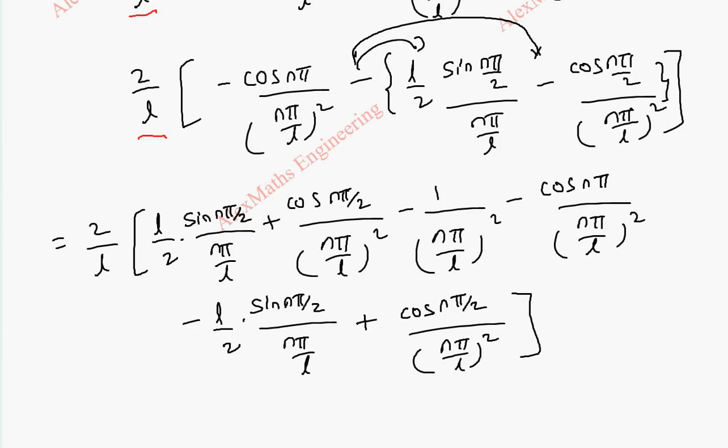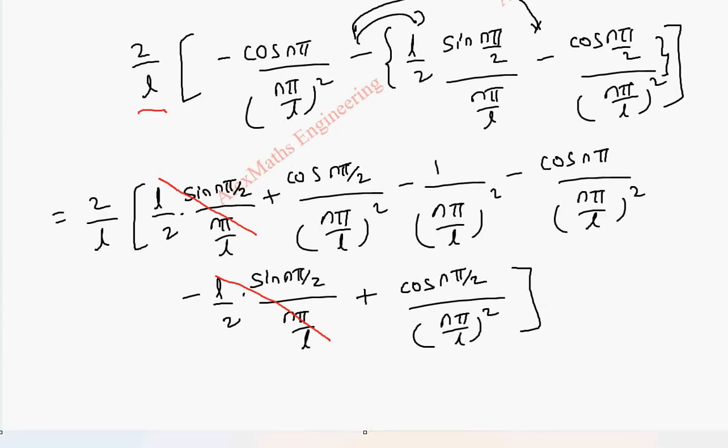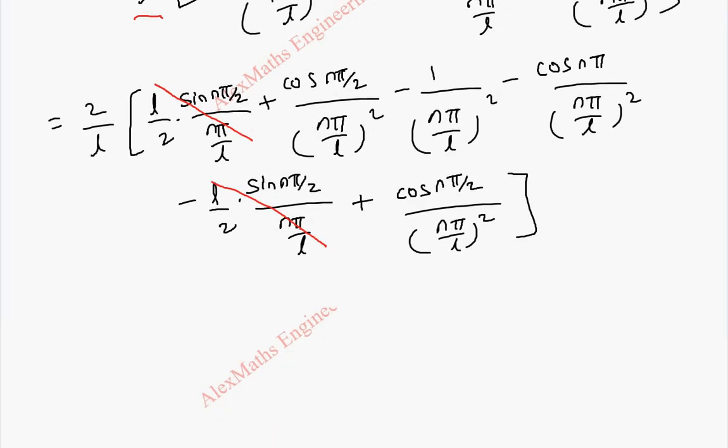Now, here we can cancel L by 2 sin n pi by 2 by n pi by L minus L by 2 sin n pi by 2 by n pi by L, and then here we can combine the like terms. So here the like terms, only two terms are there, cos n pi by 2, here cos n pi by 2, so it becomes 2 times.